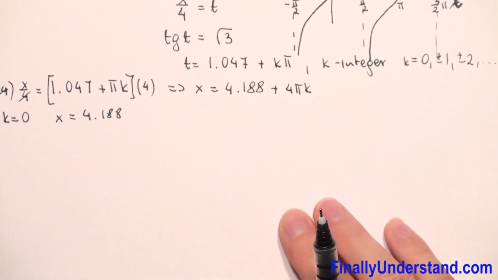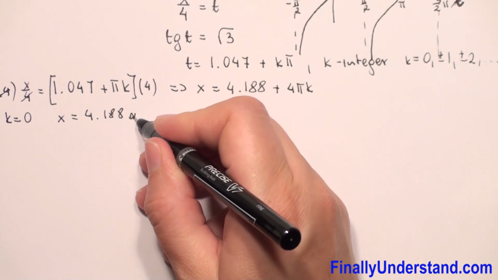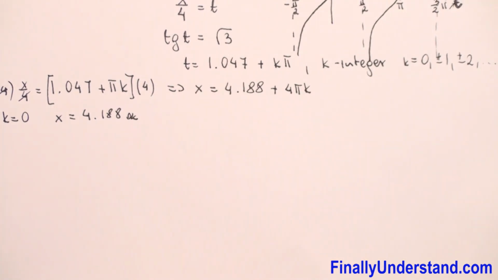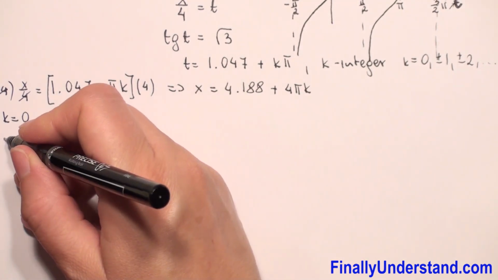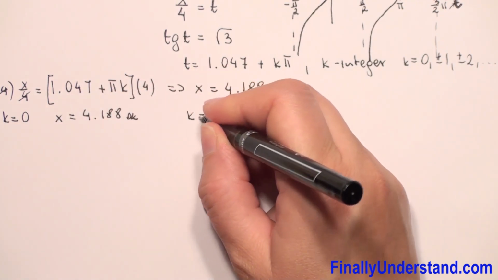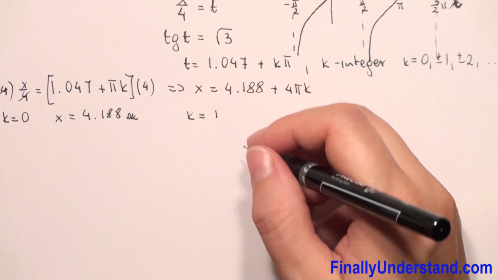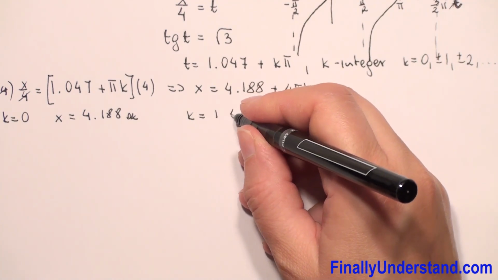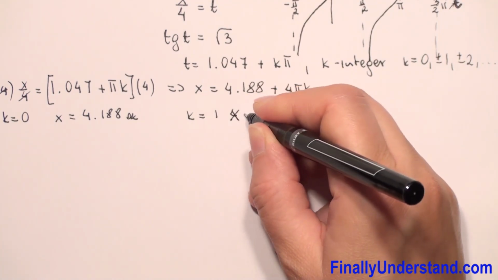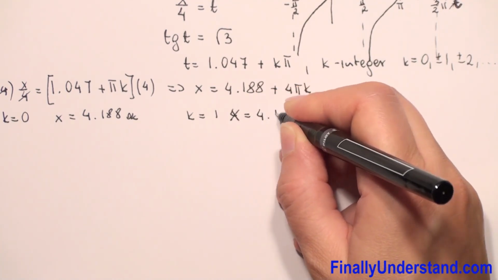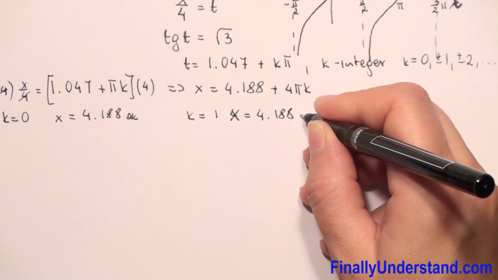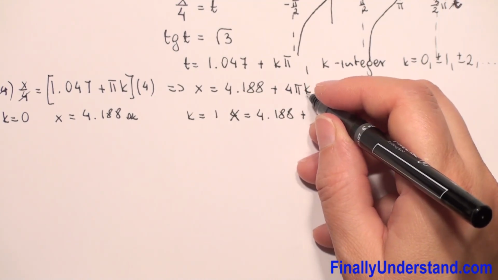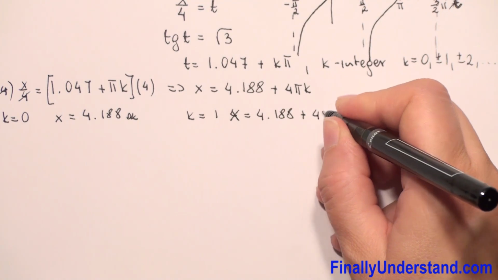So we have first critical point. This is okay. Next, for k equals 1 positive, x equals 4.188 plus 4 pi times 1 is 4 pi.